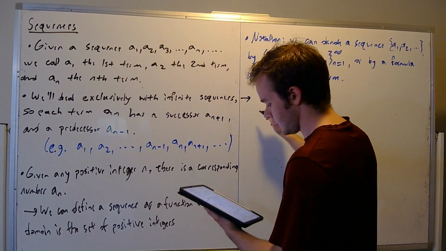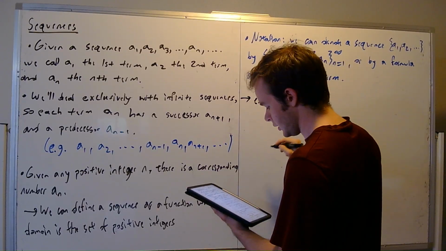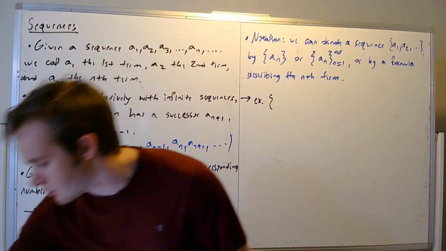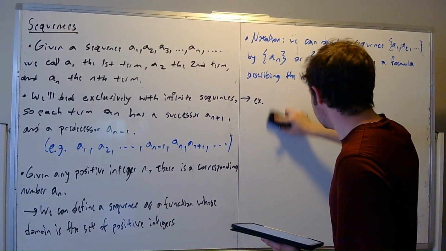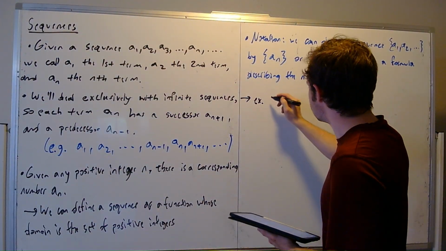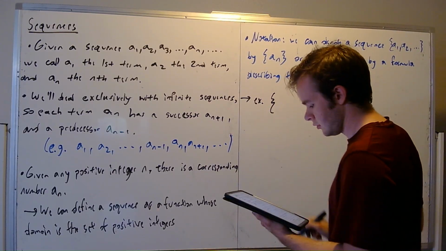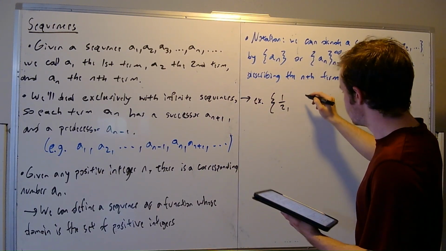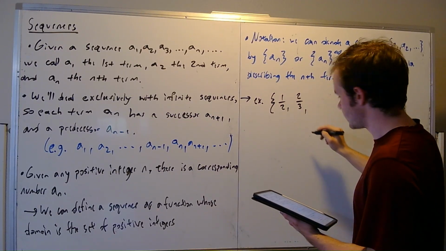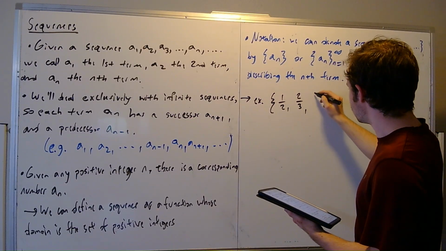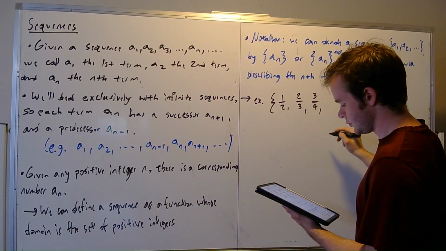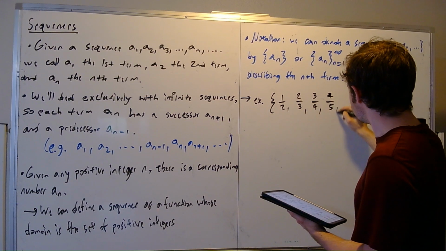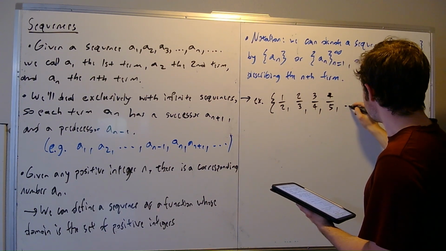So an example is going to be, let's say we have the sequence, brackets, so this is 1/2, 2/3, 3/4, 4/5, dot dot dot.